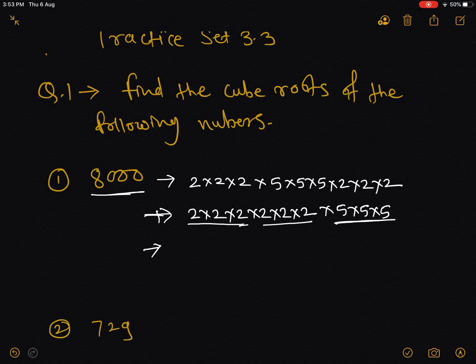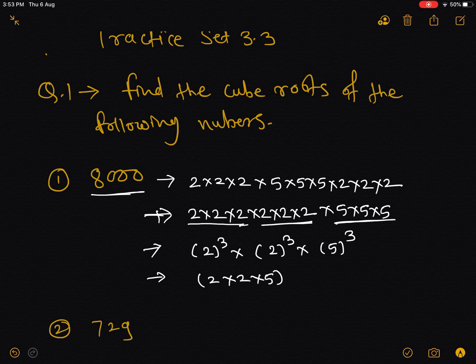Then we take here 2 into 2 into 2, that means it is 2 cube, into again the second group 2 into 2 into 2, again 2 raised to 3, again 5 into 5 into 5, it is 5 raised to 3. See the next step, that means 2 into 2 into 5 raised to 3.